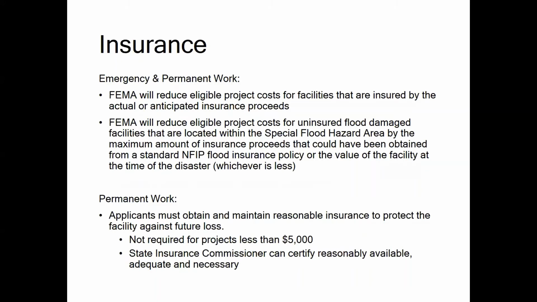If an uninsured facility was damaged by flooding and is located within a special flood hazard area, FEMA will reduce the eligible amount by the maximum amount of insurance proceeds that could have been obtained from a standard NFIP policy or the value of the facility, whichever is less. On permanent work projects, applicants must obtain and maintain reasonable insurance to protect facilities against future loss. This is not required for facilities with less than $5,000 of damage. Additional guidance on the duplication of benefits and insurance can be found in Chapter 6 of the POPG.